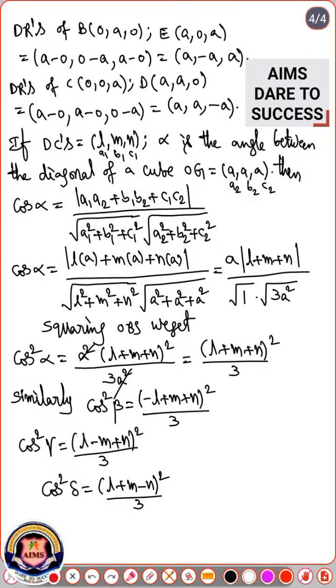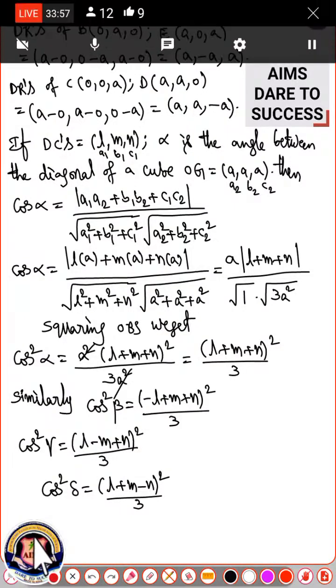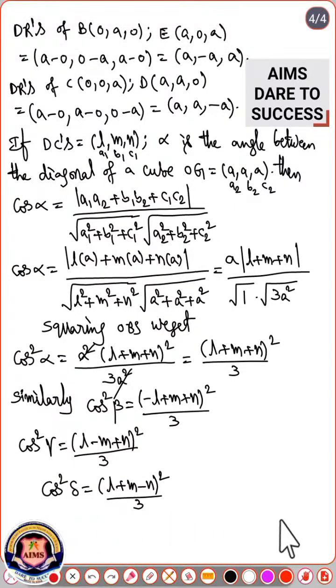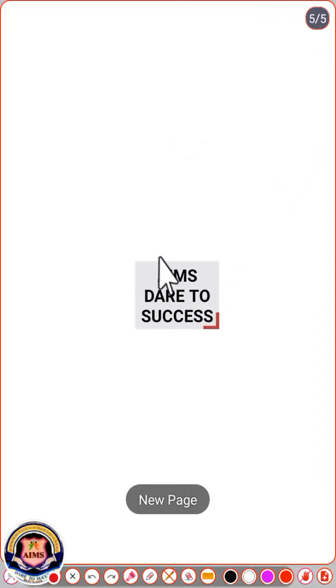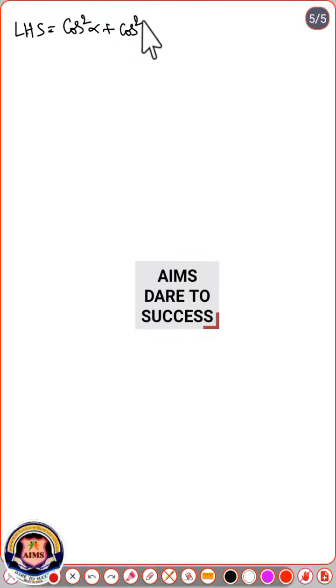Okay, my dears, we got all values: cos square alpha, cos square beta, cos square gamma, cos square delta. Now I am taking the LHS from the problem: cos square alpha plus cos square beta plus cos square gamma plus cos square delta.